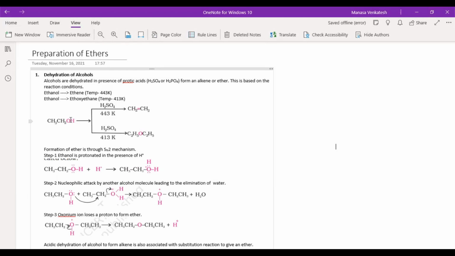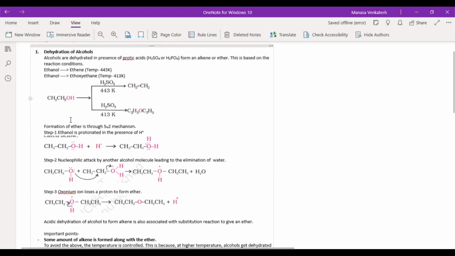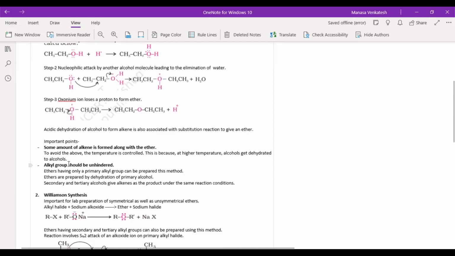So tertiary undergoes dehydration easily compared to secondary, which undergoes dehydration easily compared to primary. Because of that, this method can be used for the synthesis of an ether which has only primary alkyl groups attached to it. Secondary and tertiary alcohols will give alkenes as the product under the same reaction conditions, because they require milder conditions to undergo the dehydration reaction.